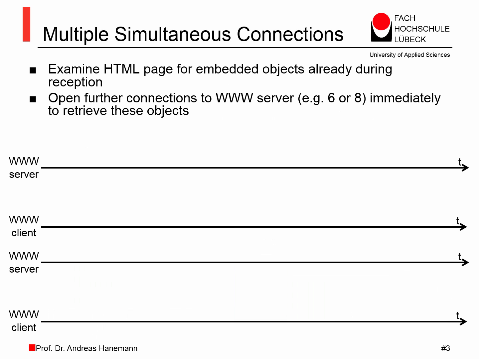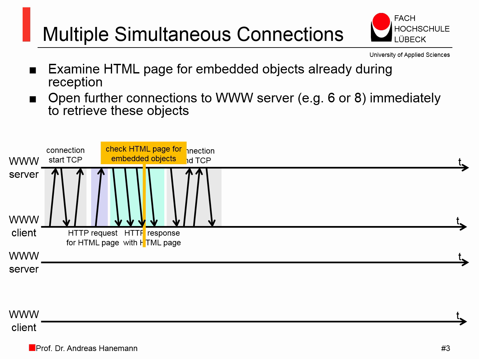The method multiple simultaneous connections has been introduced by Netscape, the leading browser vendor in the 1990s. The beginning of it is not different from the previous method, but once the objects have been identified, several TCP connections are started directly after each other to retrieve a certain number of objects in parallel.